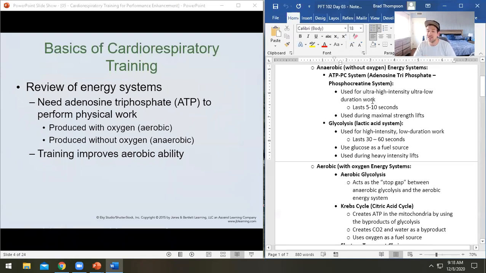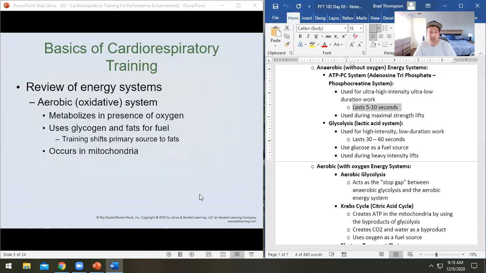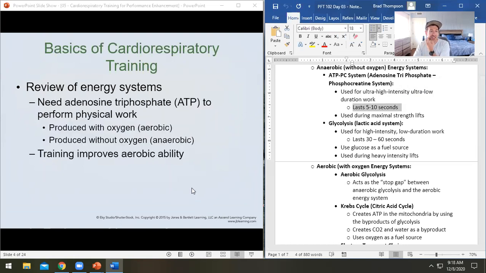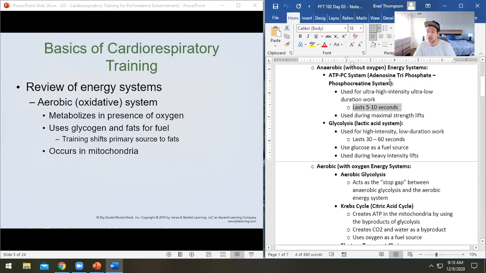The ATP PC system only lasts 5, maybe up to 15 seconds for the most part. This is an incredibly intense, very short duration energy system. Your body already naturally produces creatine.